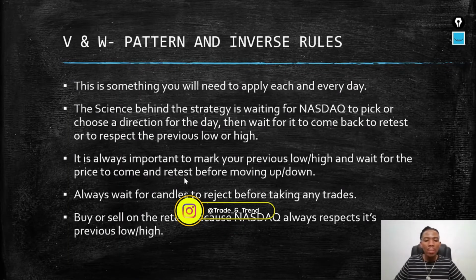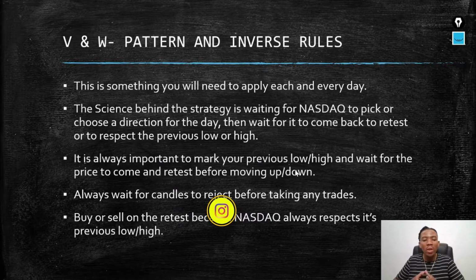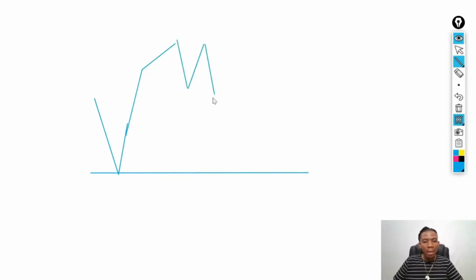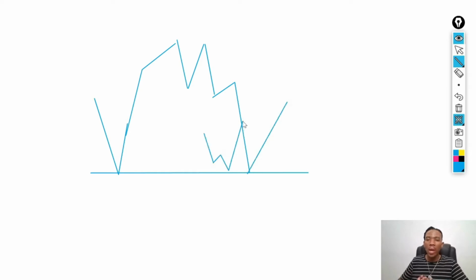It is always important to mark your previous low, or high, and wait for the price to come and retest before shooting up. Let's say for example you have identified this as your low for the day. The next day when it comes back, you know that when it approaches this low, you're going to expect either a V or it will form a small W. So we call it the V and W strategy.